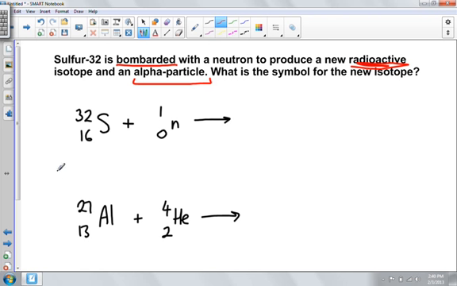Well, you know an alpha particle is being produced. We saw what an alpha particle was before. It was just this. So then all we need to do is just to make sure that our numbers match up. 16 over on the left, 2 here on the right, so the bottom number here must be 14. It has to be, it can't be anything else. Alright.